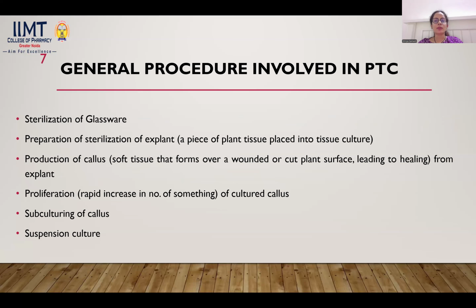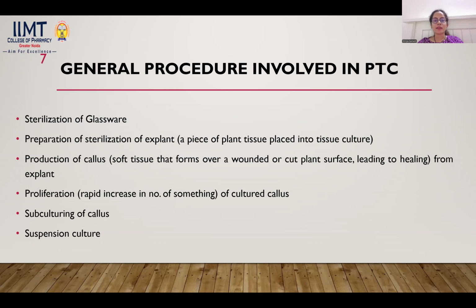Next is the general procedures involved in plant tissue culture. These are the different steps which we conduct before doing the plant tissue culture. First and foremost is sterilization of glasswares. Whatever glasswares we use in the lab for performing plant tissue culture should be completely sterilized, meaning completely free from microorganisms, so that it does not deteriorate the plant tissue culture procedures.